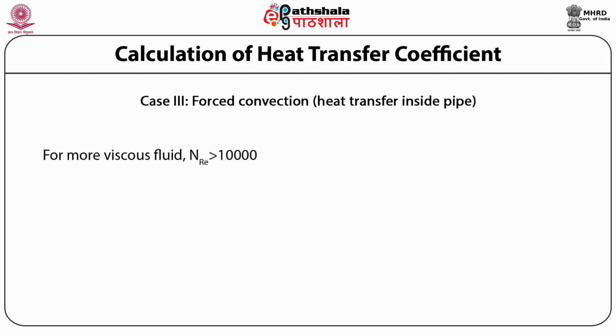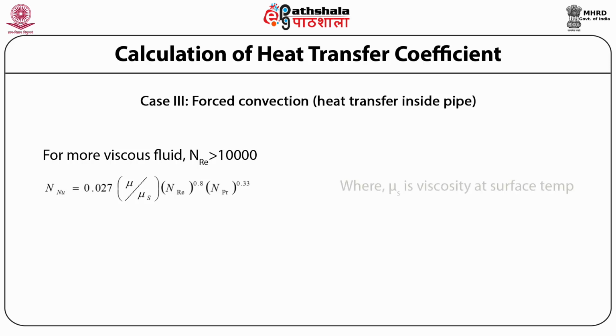For more viscous fluids, with Reynolds number exceeding 10,000, let us see what happens. Nusselt number in that case, at higher turbulent velocity, will be equal to 0.027 into (mu divided by mu s) into Reynolds number to the power 0.8 into Prandtl number to the power 0.33.